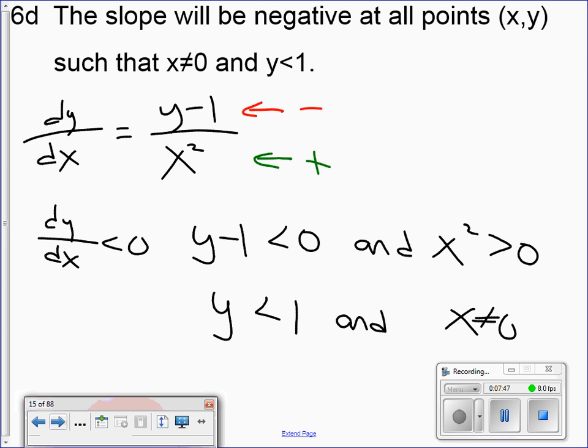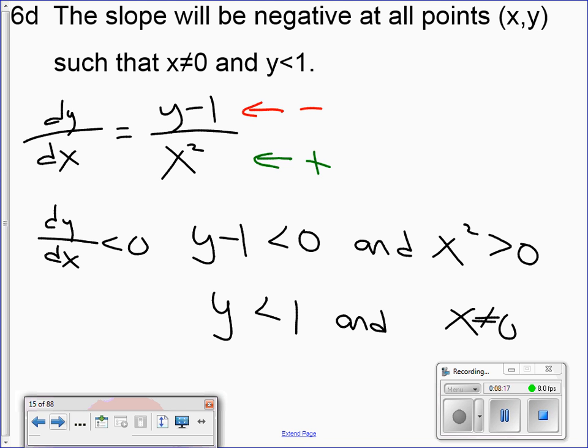That's how these differential equations are; they're always products or quotients, or else you can separate them. This one's a quotient, and we know a quotient is going to be negative when you have a positive and a negative. The denominator can never be negative, so the only way this derivative, this slope, could be negative is when the denominator is positive and the numerator is negative. Does that make sense?